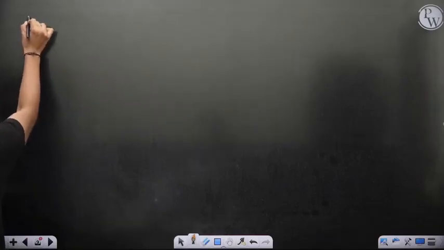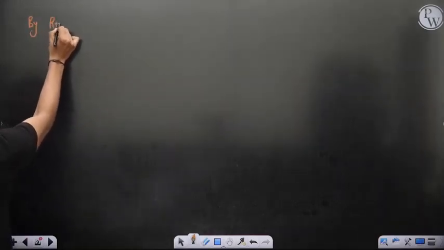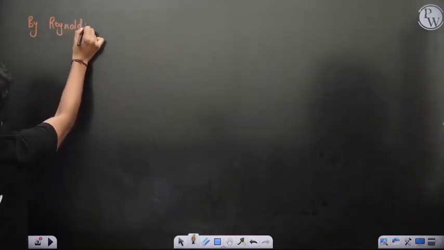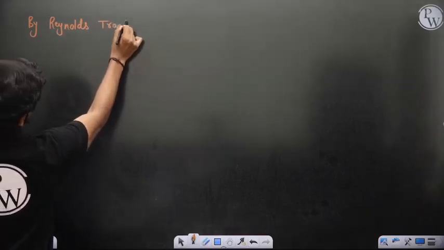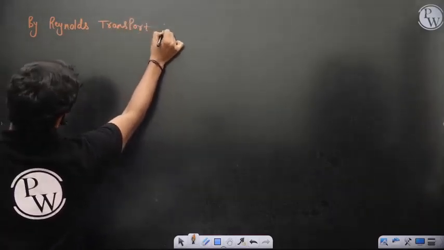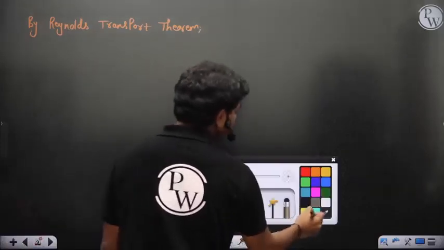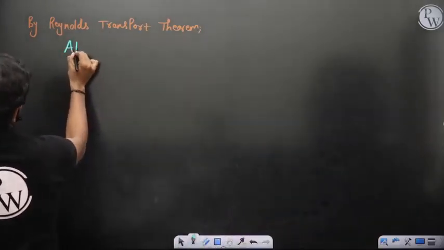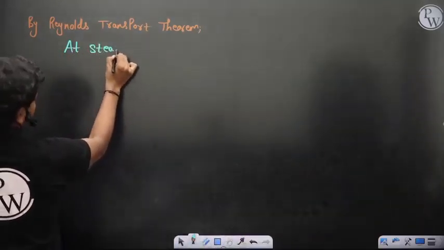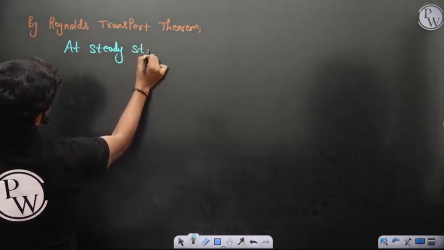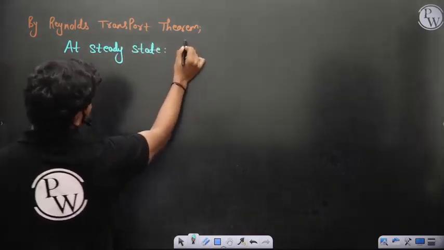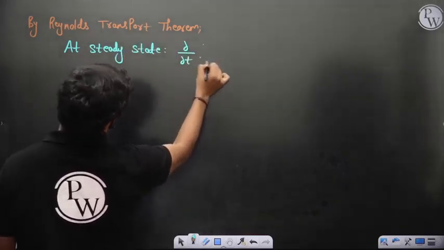If you observe the Reynolds transport theorem carefully, at steady state, because all the analysis you have done is steady state analysis, dou by dou t of anything is 0.